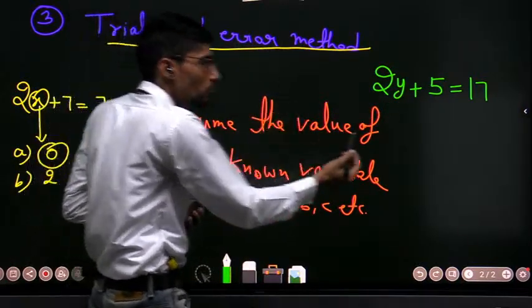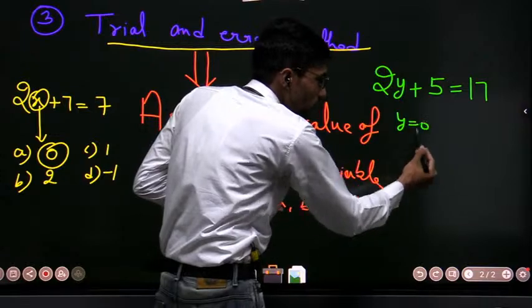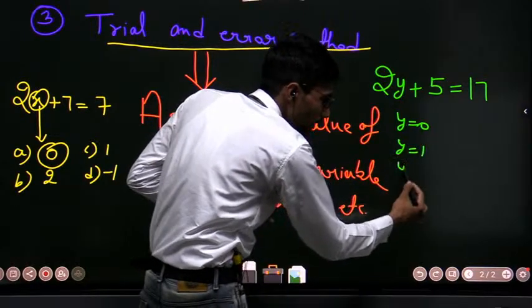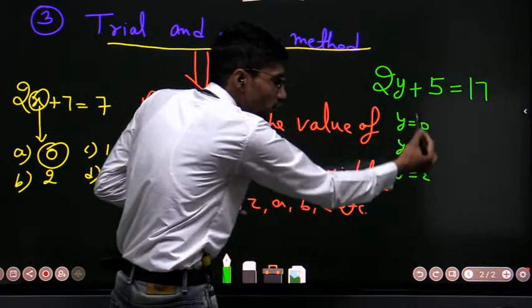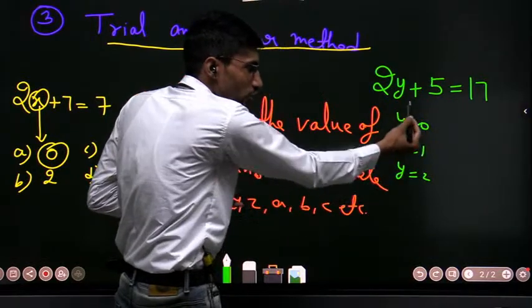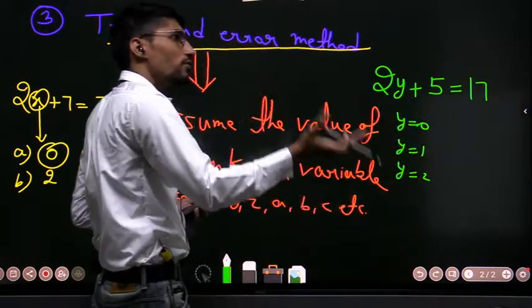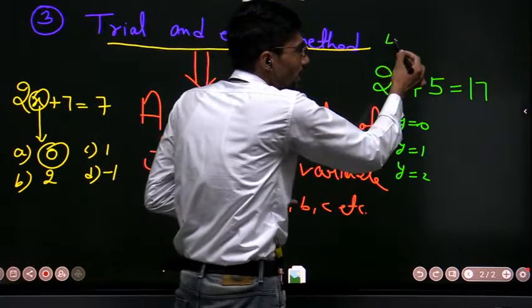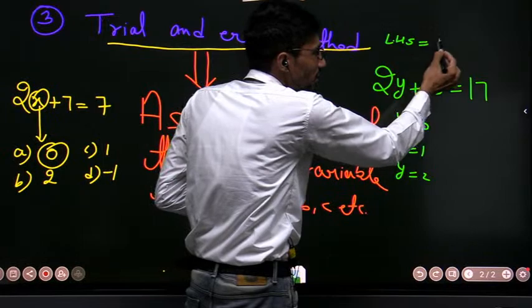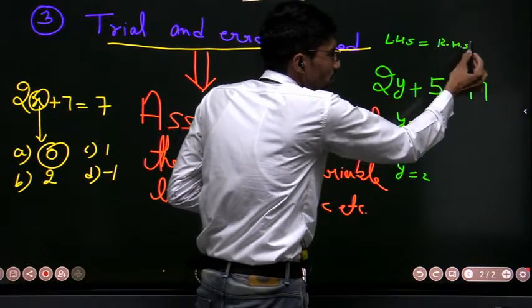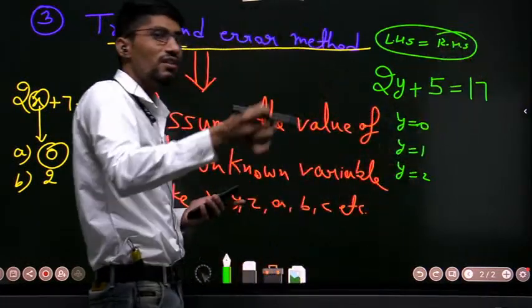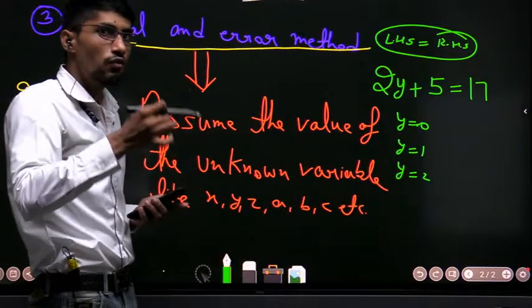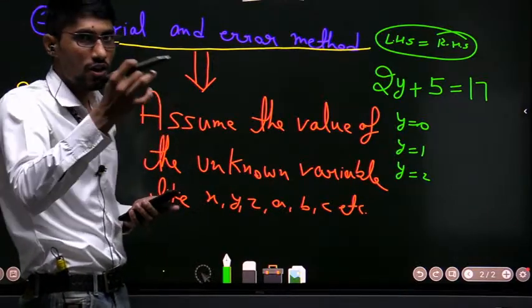So what do you have to do? First take y value equal to 0, then y equal to 1, then y equal to 2. Like that you have to assume y values, and continue till your LHS is equal to RHS. So this method is only beneficial when options are given.